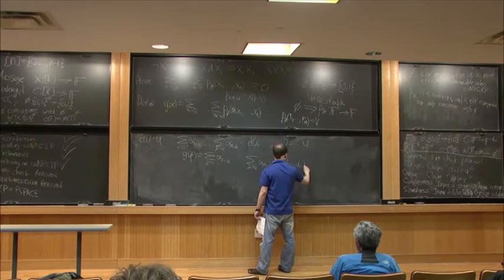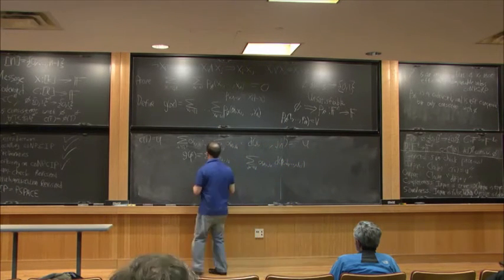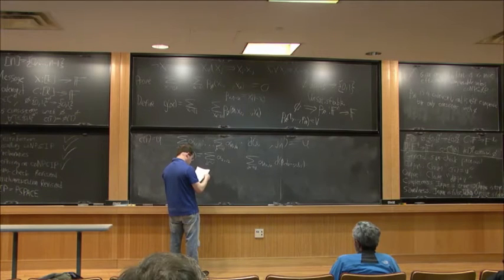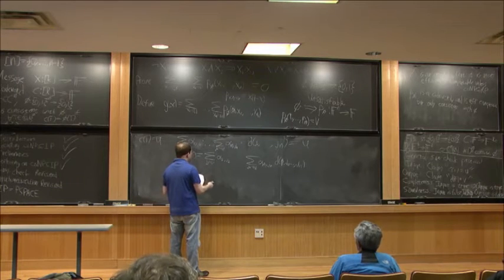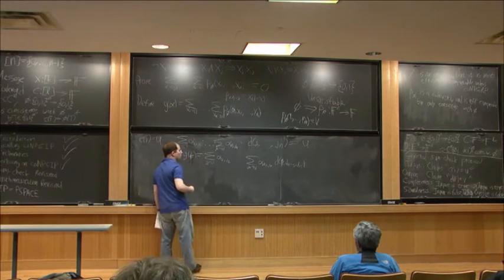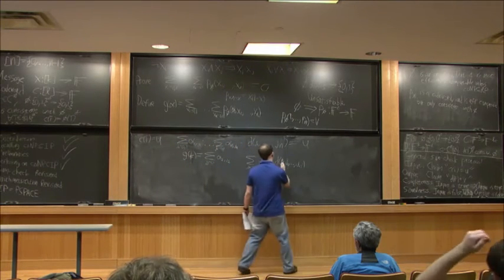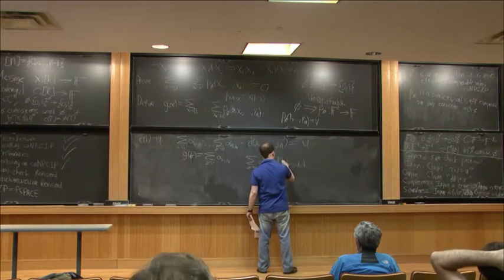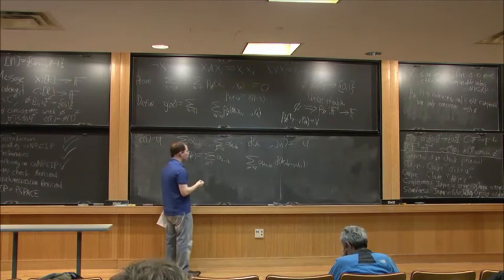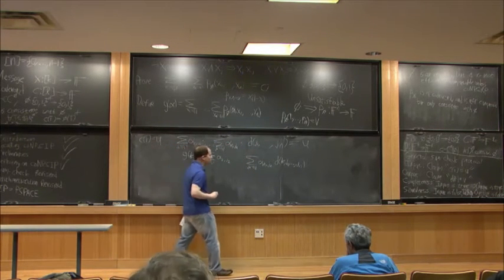Actually, maybe beta is not a good notation because it's not a field element, it's a coordinate. Let's see, what was the notation I used? Okay, so let's say k1.